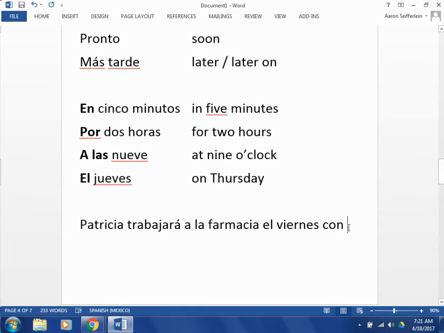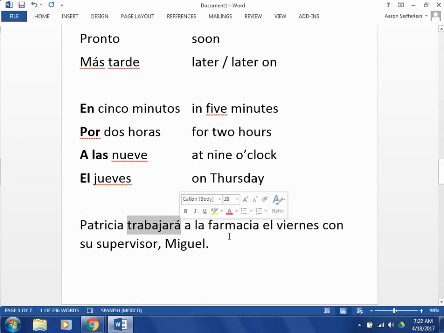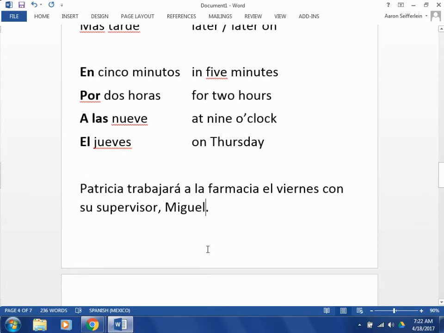Trabajará a la farmacia el viernes con su supervisor Miguel, with her supervisor Miguel. And in that, you can use any vocab you've previously learned, but the key details would be who, the action, and the time, since the focus here is in the future.